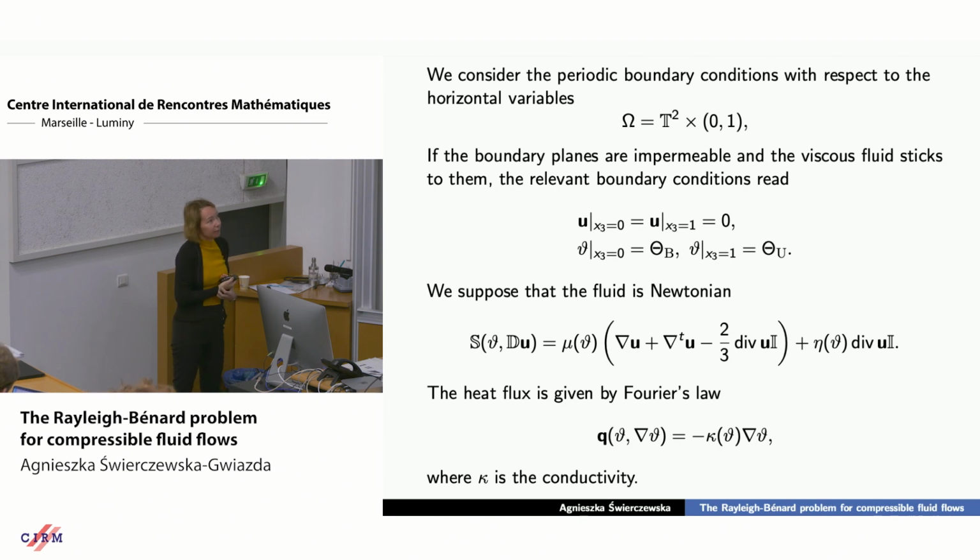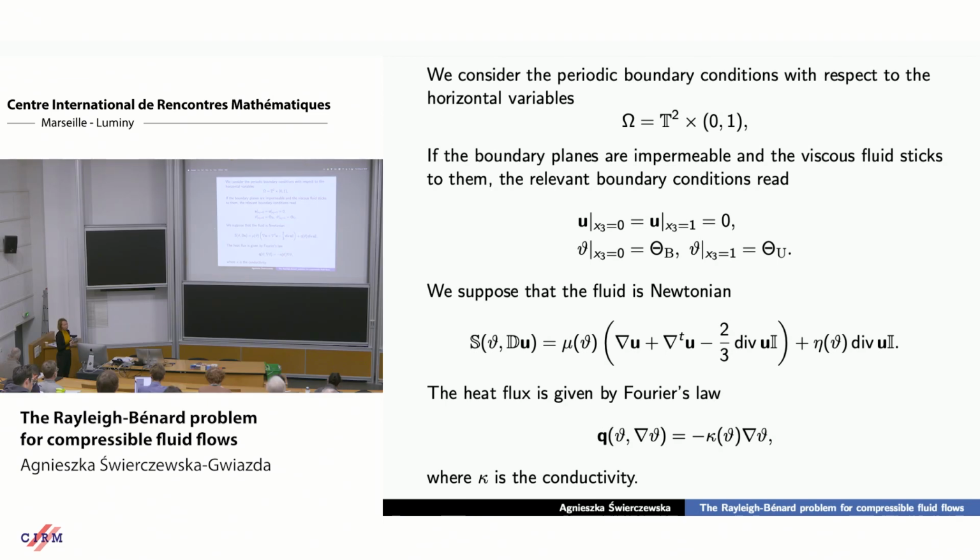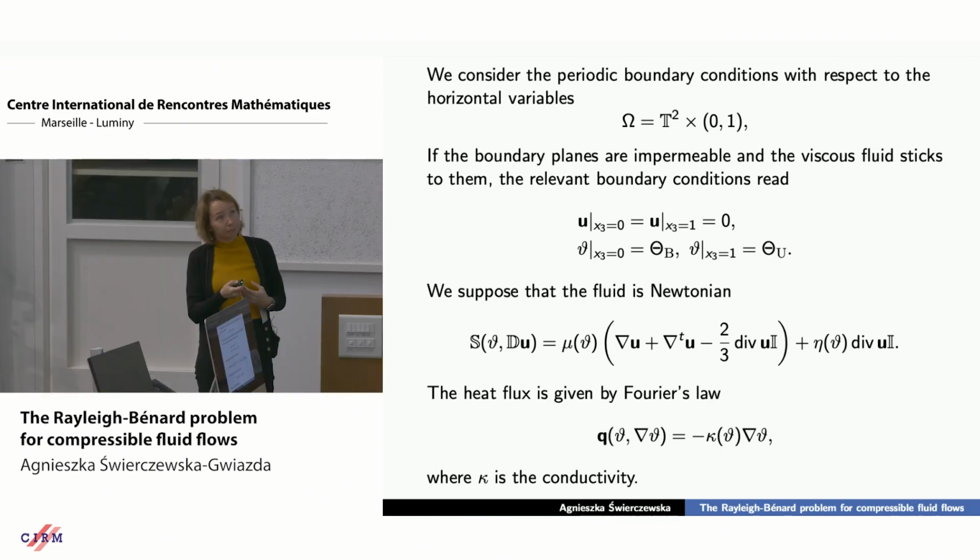Okay, as I mentioned, this Rayleigh-Bénard problem is a paradigm for this open system. So I will only concentrate on that here. However, one could consider more general conditions with some inflow and outflow of the velocity. So we assume that we have periodic boundary conditions with respect to the horizontal variables. Velocity is equal to 0 at x3 equal to 0 and 1.